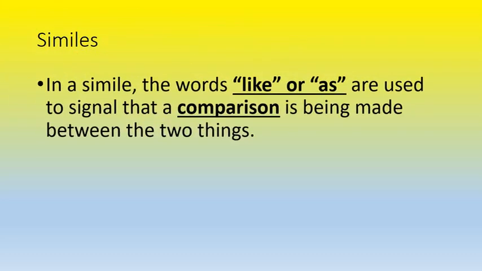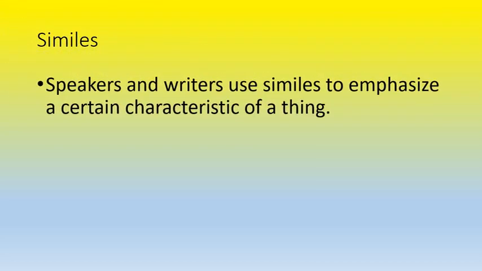In a simile, the words like or as are used to signal that a comparison is being made between them. Speakers and writers use similes to emphasize a certain characteristic.